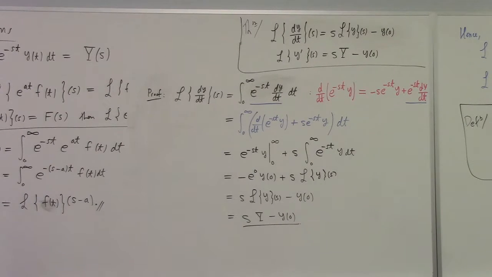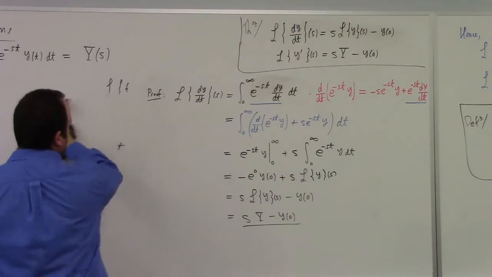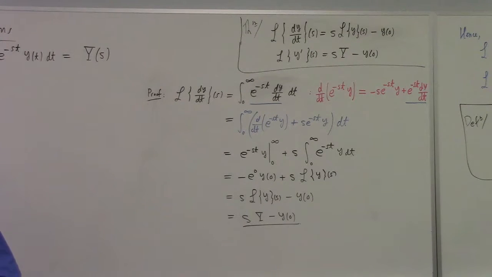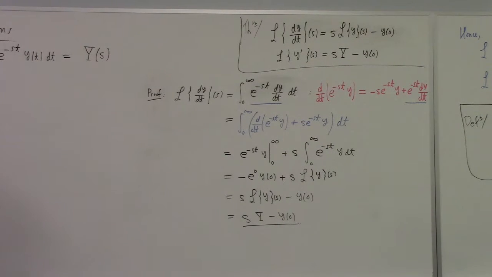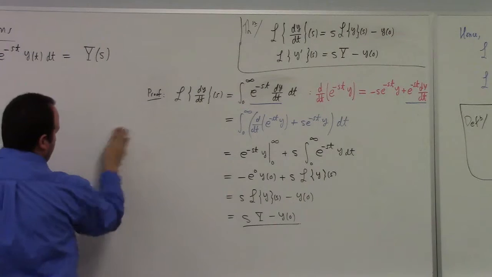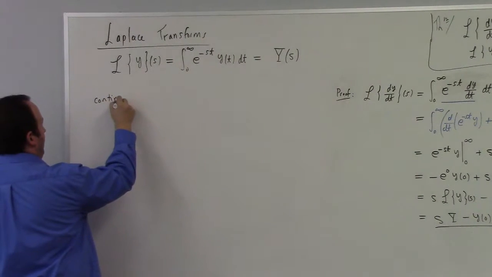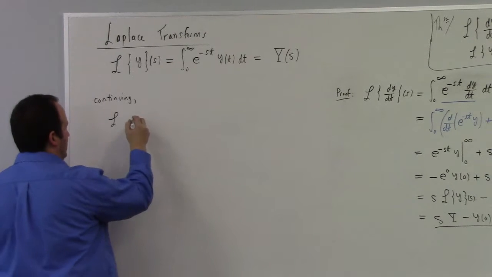Now, so what happens, folks, if we try to do this for the second derivative? Let's try to calculate the Laplace transform of the second derivative. It's not part of the theorem, but this is just a continuing discussion.